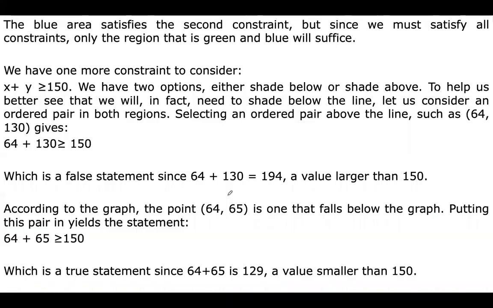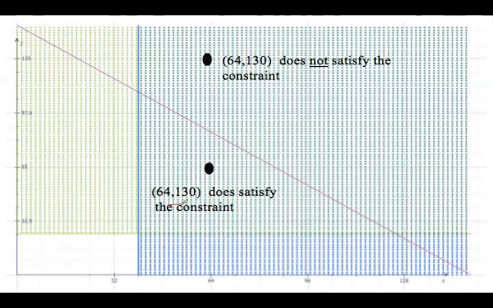Now let's come to our third constraint equation. We have one more constraint to consider, X plus Y greater than equal to 150. So we have two options, either shade below or above. This is our slope. Where should we shade the area? Here or here? Just to understand this clearly, we can check by choosing some random points, such as suppose we choose this point 64, 130.